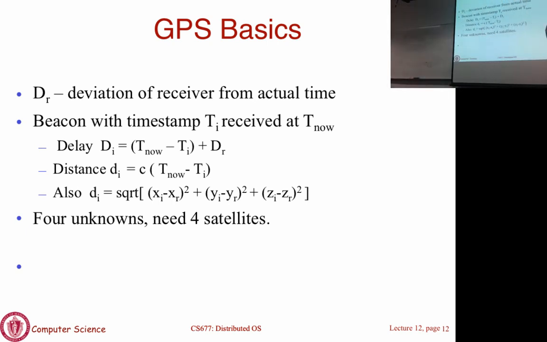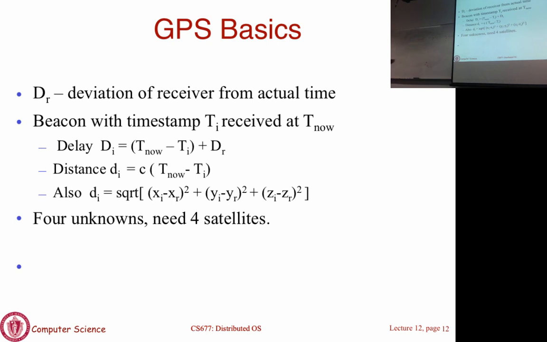It may have an atomic clock receiver and it is synchronized, so the times on these satellites are accurate. The clock on the GPS receiver is not synchronized, and we want to synchronize it as part of the process.